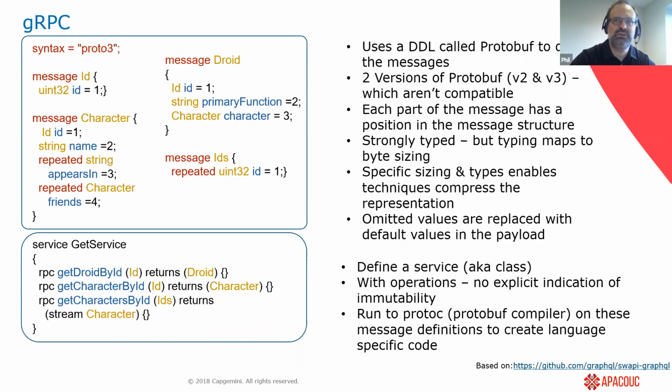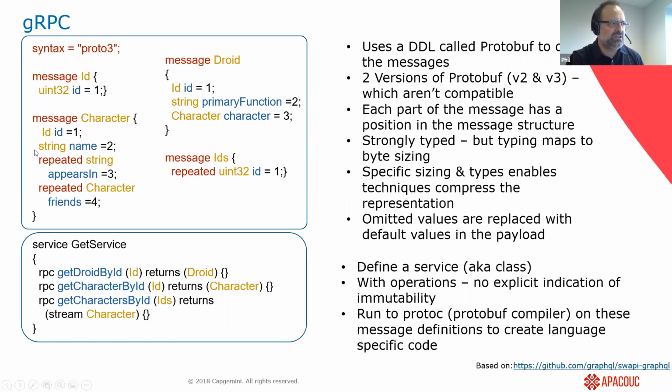It's been around a while now, but as you can see, we've got here an example again based on the Star Wars API, where we have now a message which is an ID, and you can see the data types now are a lot more classic, very tightly bound structures. So we talk about integer, 32-bit integers and 64-bit integers and unsigned and signed, because one of the things that gRPC is trying to do is get a lot more efficiency into the network communication.